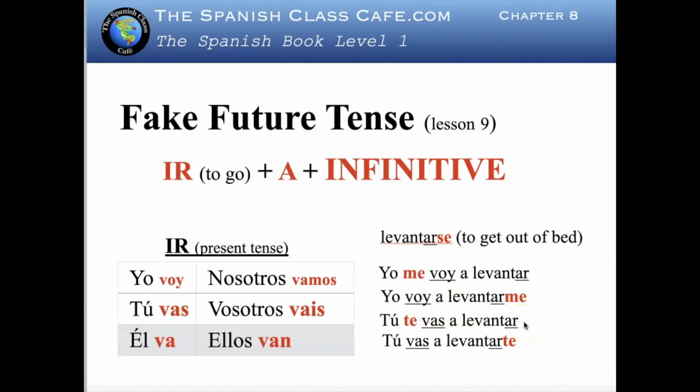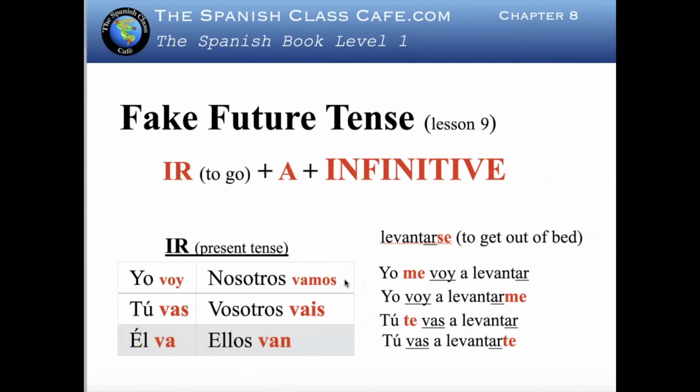Now with tú. Tú te vas a levantar. And if we move the reflexive pronoun to the back, it will be attached to levantar, and it will be tú vas a levantarte. Now let's try here with él. Because the reflexive pronoun is se, él se va a levantar, o él va a levantarse.